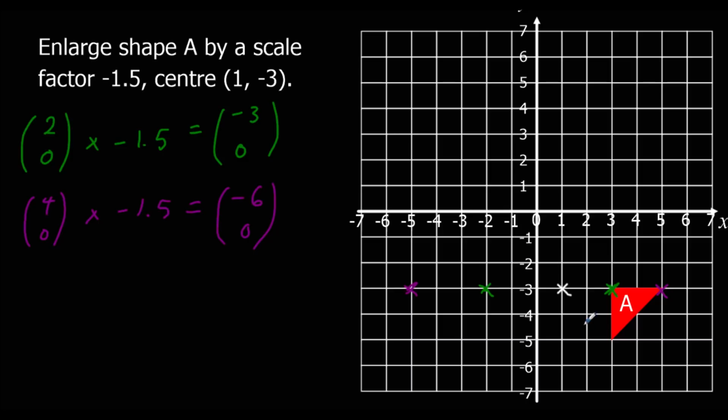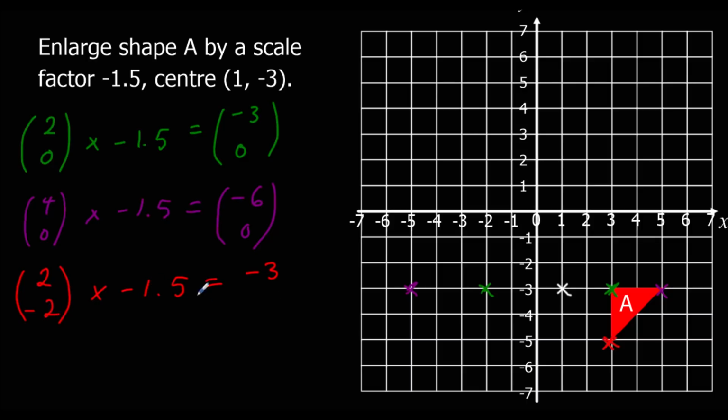And we'll have a red point. To get from the centre of enlargement to the red point, it's along 2, down 2. As a vector, that's 2, minus 2, times minus 1.5. So 2 times minus 1.5 is minus 3. Negative times a negative is a positive.